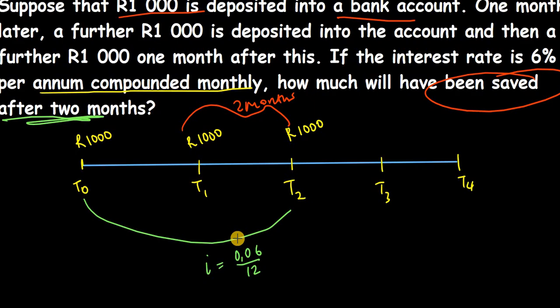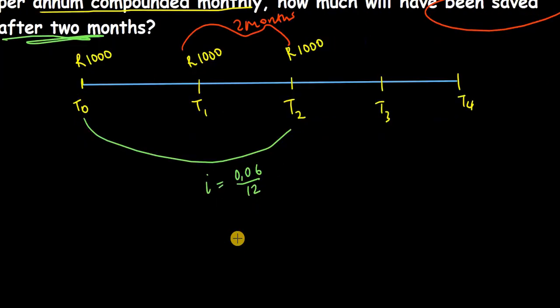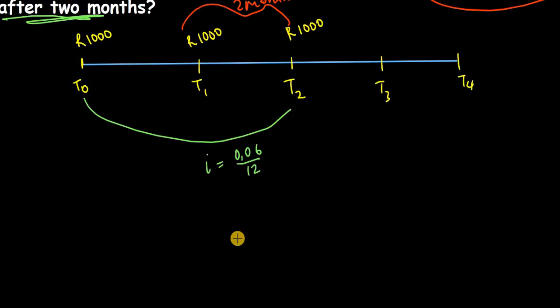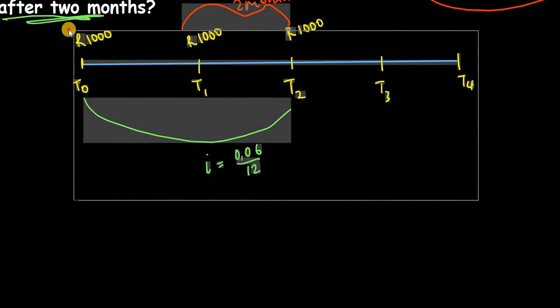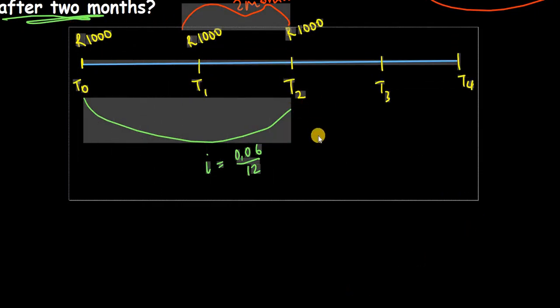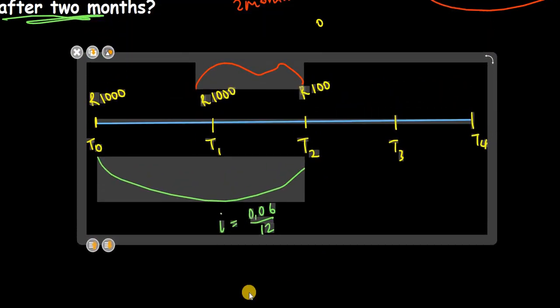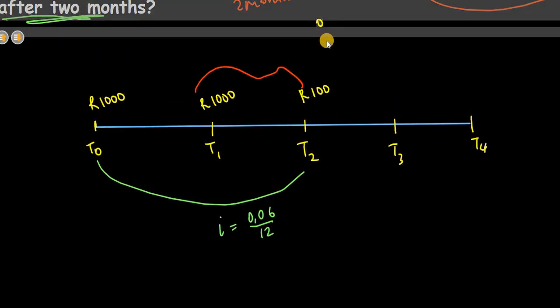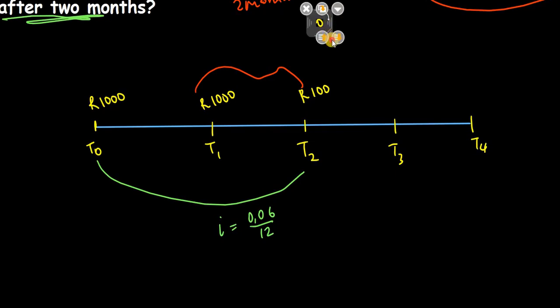Okay, so we're going to do this in 2 ways. The first method is just an understanding of compound interest and how money grows if it is subjected to compound interest. Allow me to quickly do this.